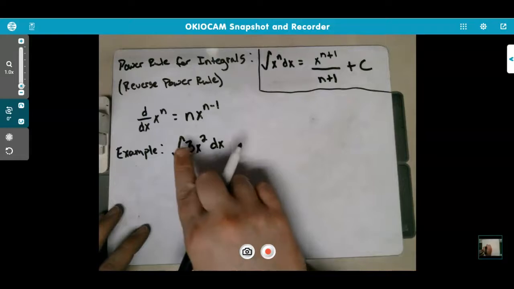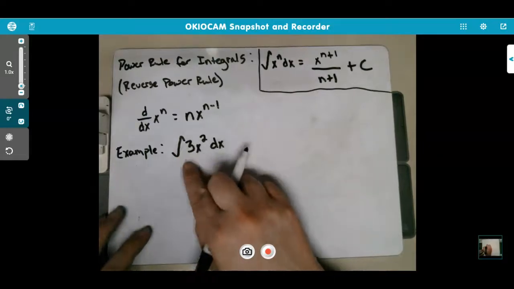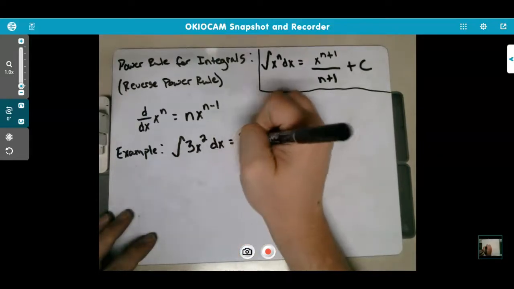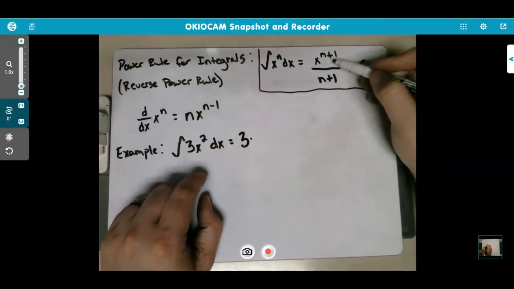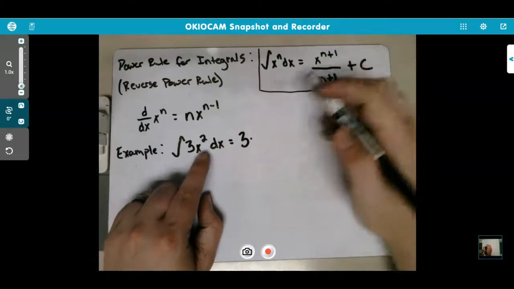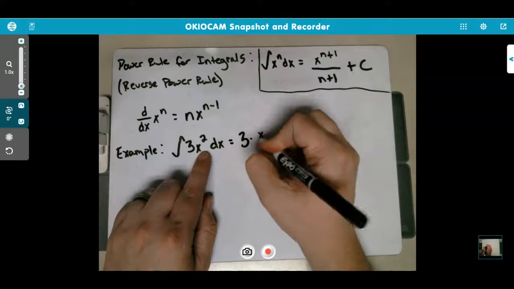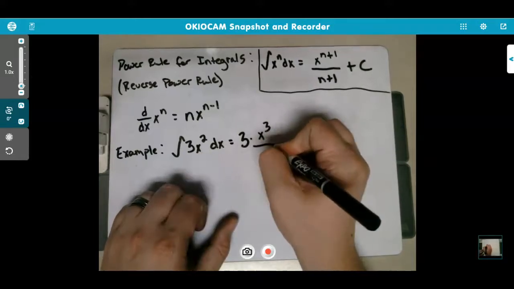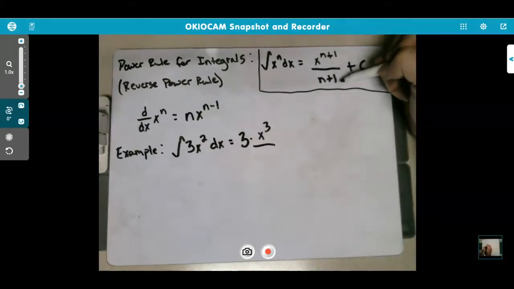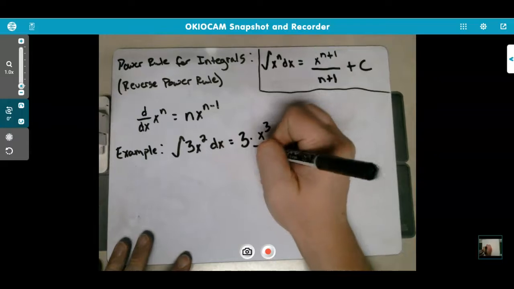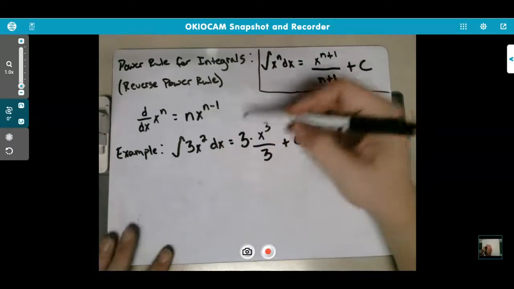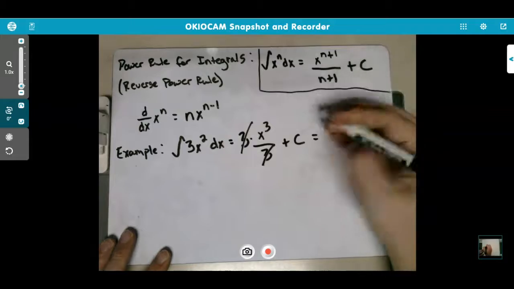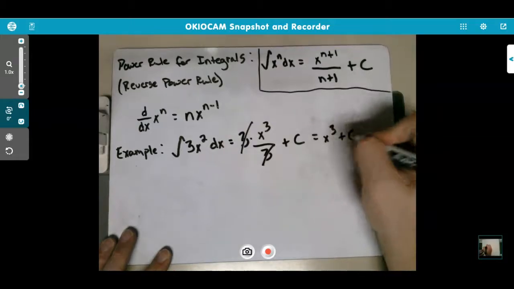So the 3 is just a constant, so that's just going to stay 3 times. I had x squared, but by my new rule, I'm going to add 1. So it was x to the power of 2. Now it's x to the power of 3 divided by my new power. So my new power is 3, so divided by 3 plus c. Well, what's really nice about that, 3's cancel out, so it's just x to the third plus c.